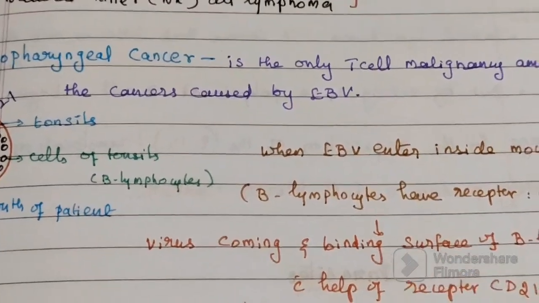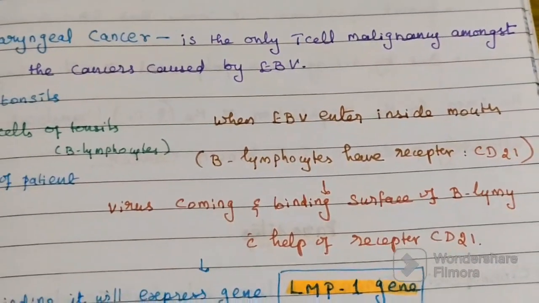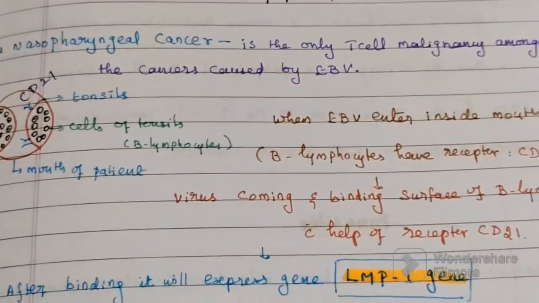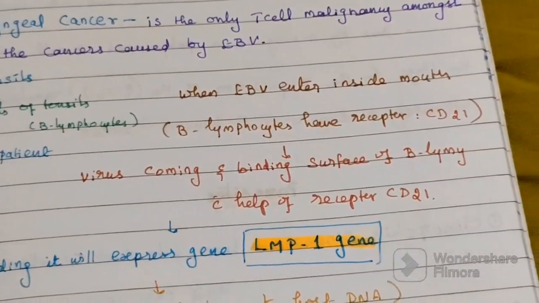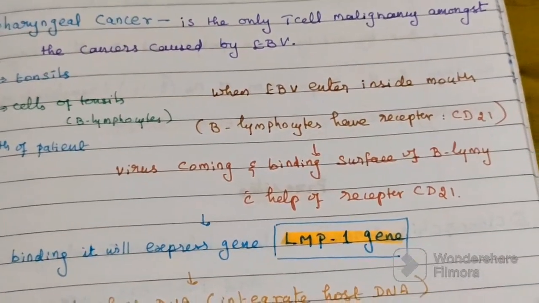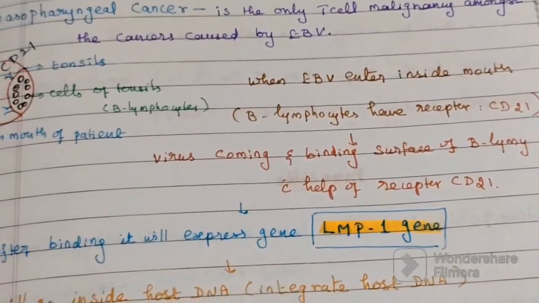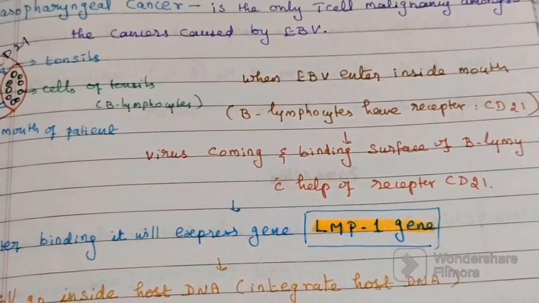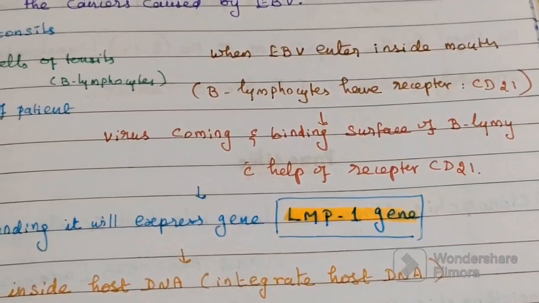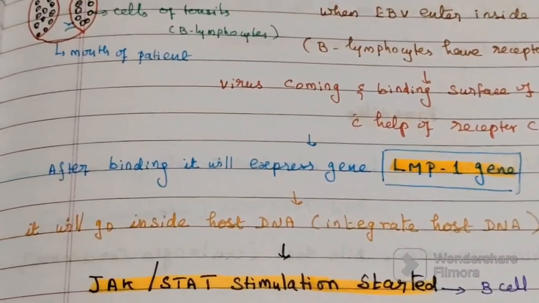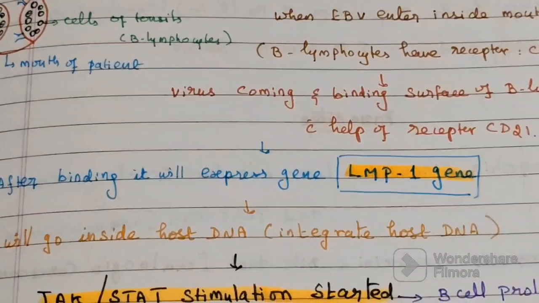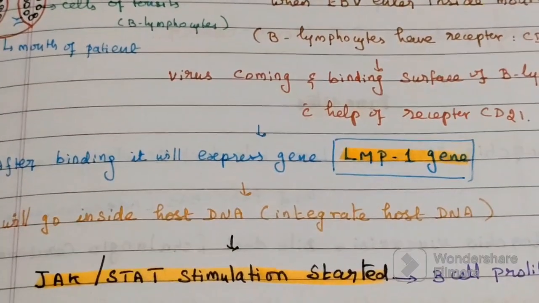So when Epstein-Barr virus enters the mouth, the B lymphocytes have the receptor CD21. The virus binds the surface of B lymphocytes with the help of CD21. After binding, it expresses the LMP1 gene. Then it goes inside the host cell and integrates with the host DNA.